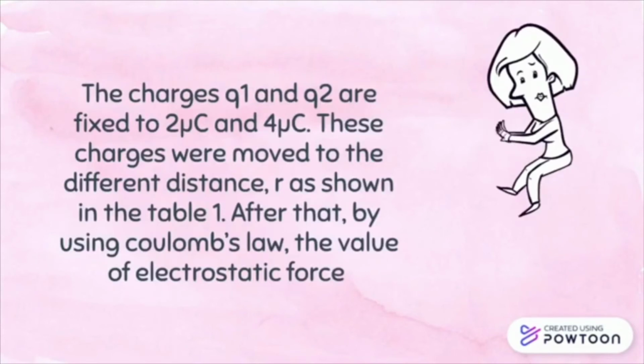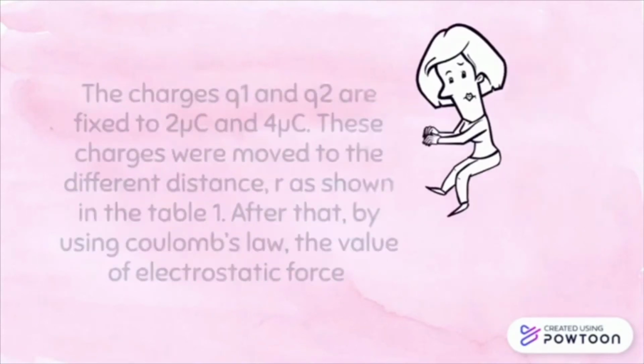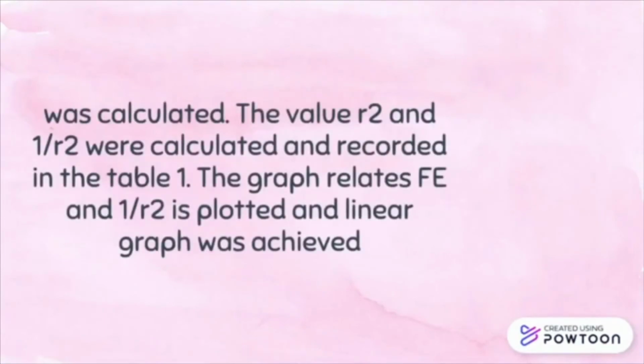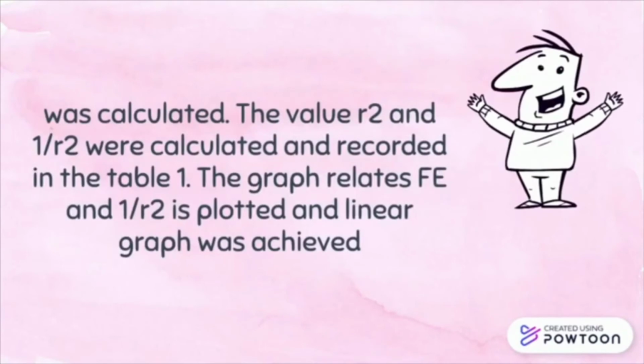After that, by using Coulomb's law, the value of electrostatic force was calculated. The values of r squared and 1 over r squared were calculated and recorded in table 1. The graph relating electrostatic force and 1 over r squared is plotted and a linear graph was achieved.